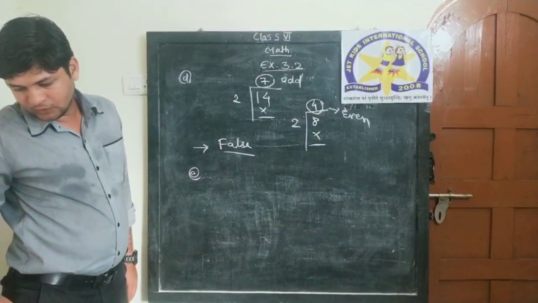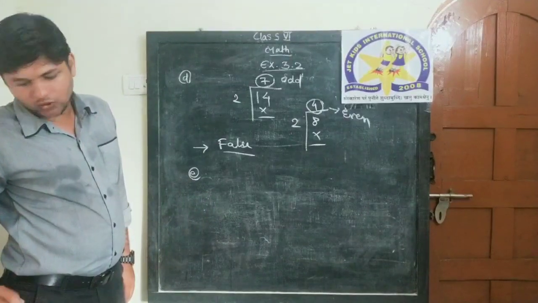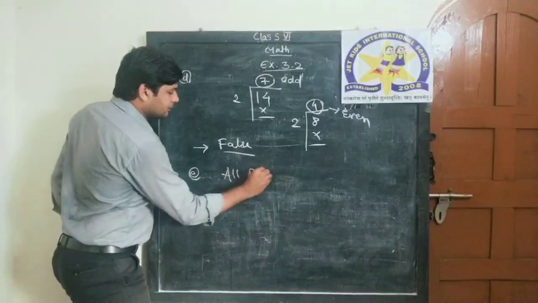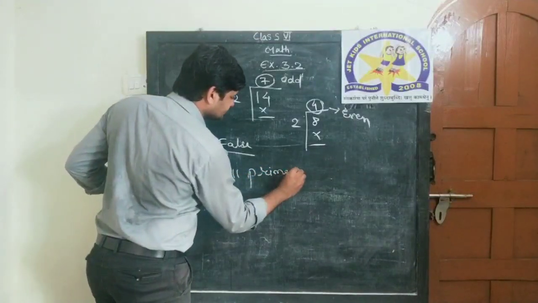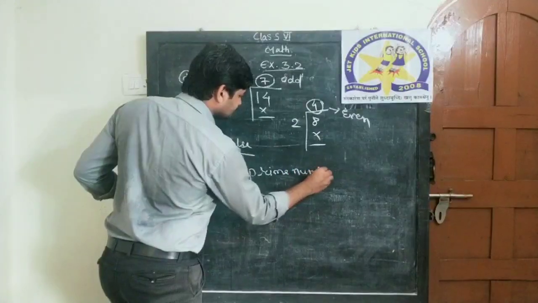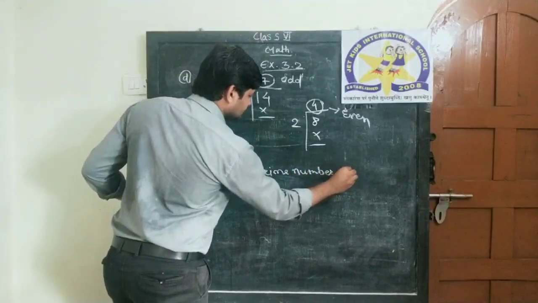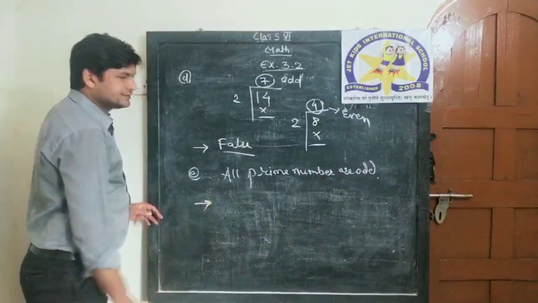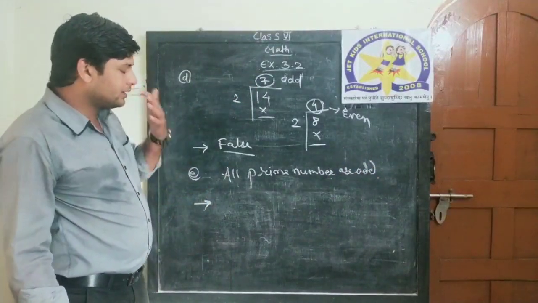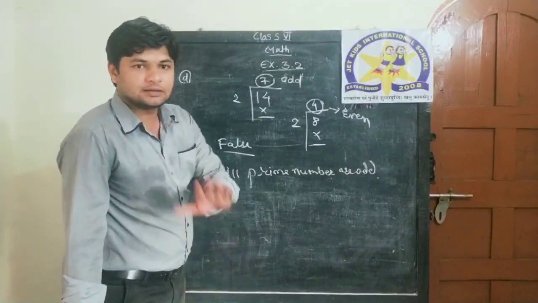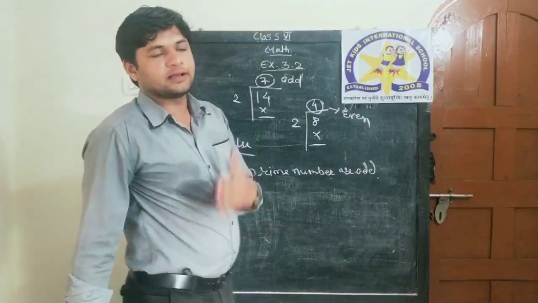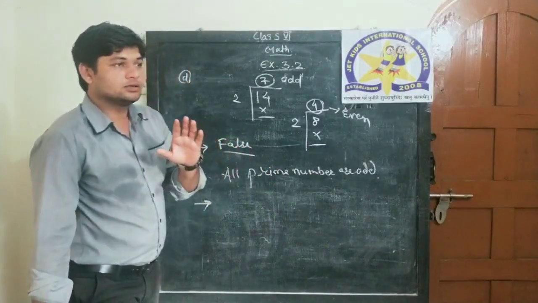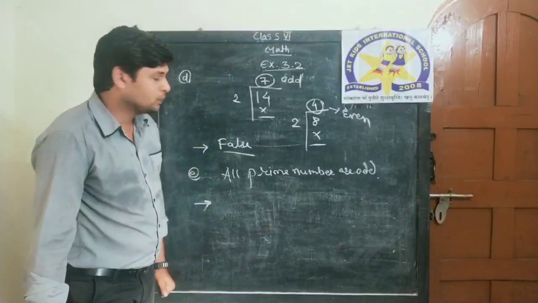What is E? All prime numbers are odd. So you know better, we already discussed in detail what is meant by prime number, and we already discussed about one, what is meant by one being a special number, and what is the position of 2, right?